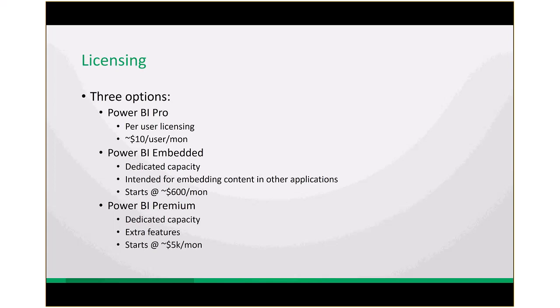This is on a per capacity basis, so you can funnel as many people into that capacity as you think it can handle, and you can always scale up that capacity as necessary if your usage exceeds initial expectations. There's probably a lot more to discuss around licensing, but I just wanted to touch on a couple of big ticket items real quickly.